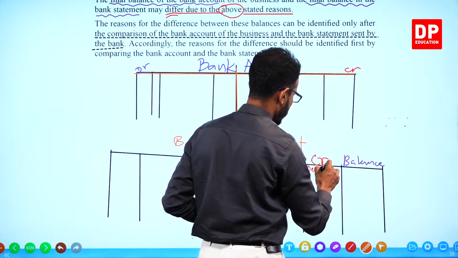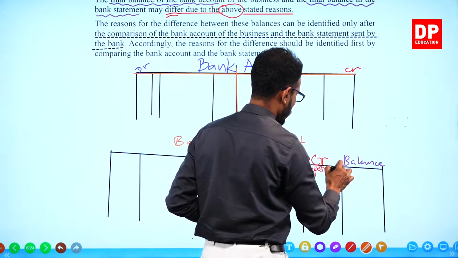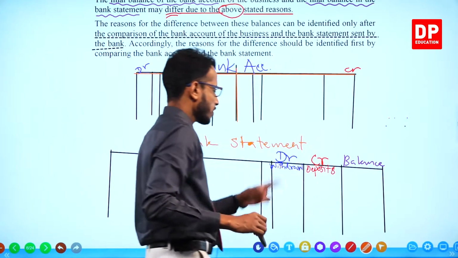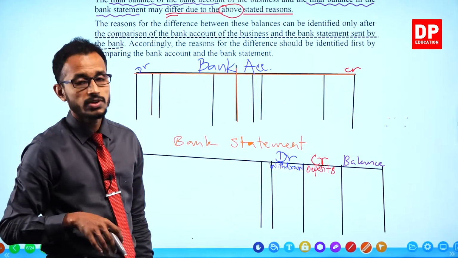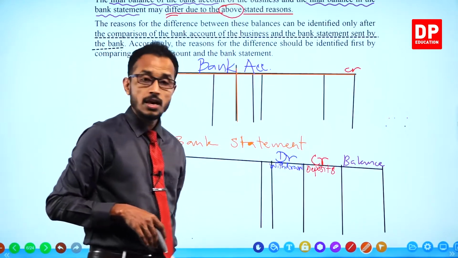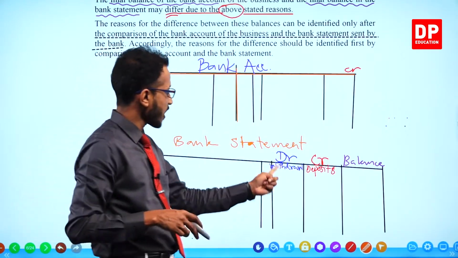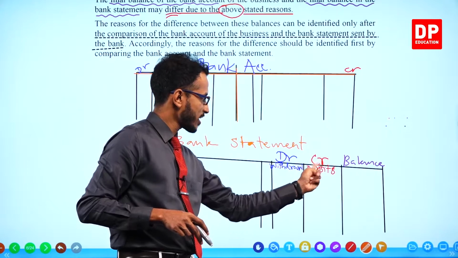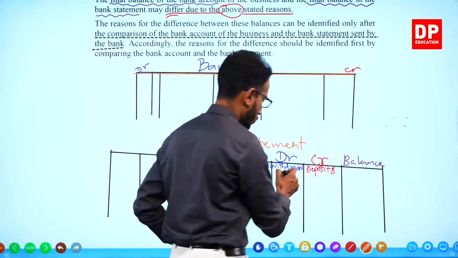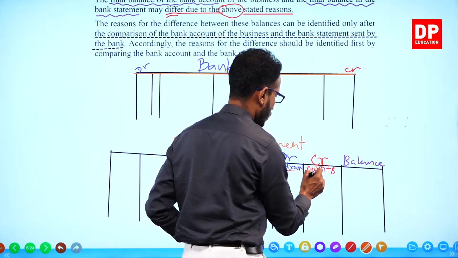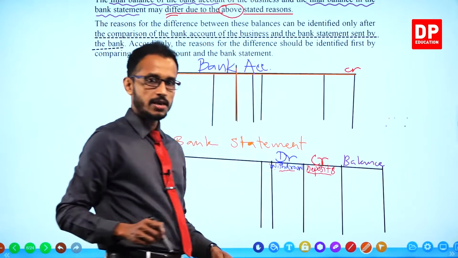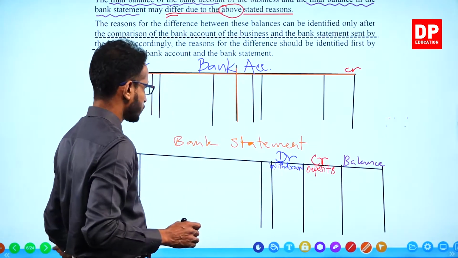Sometimes in the bank statement that you get, you will not get debit and credit printed. But you must know debit side is for withdrawals, credit side is for deposits. Okay? Fine.